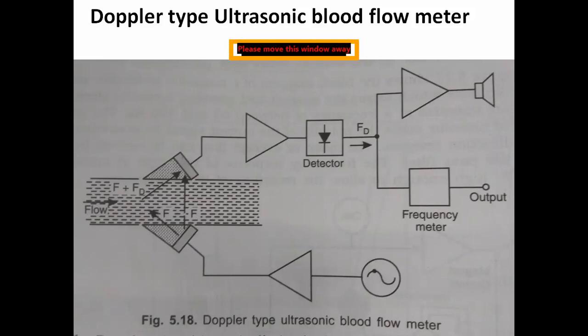In the first type, that is the transit type of blood flow meter, we will consider the amount of time for the receiving of the transmitted signal, and we will calculate the time taken for the received signal after sending the transmitted signal.